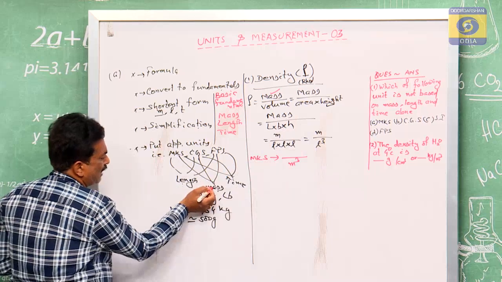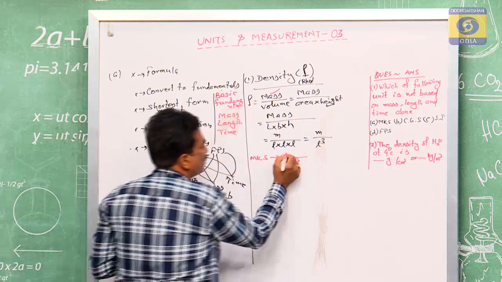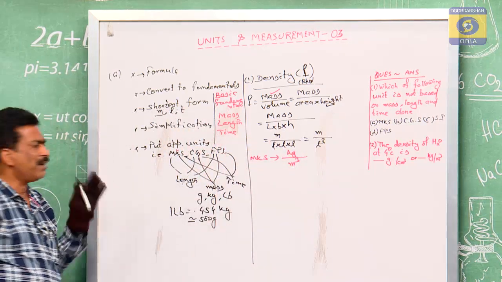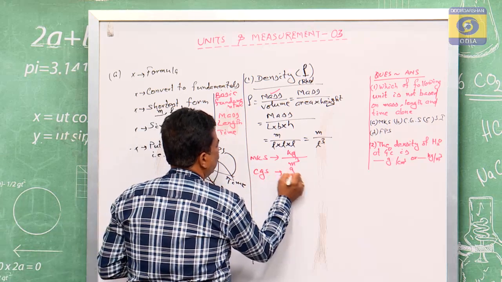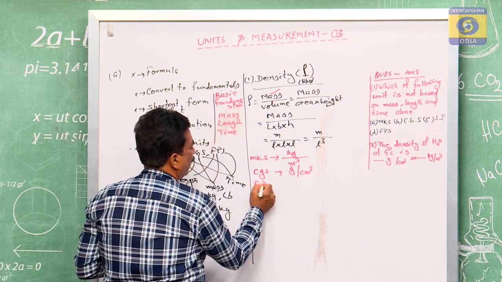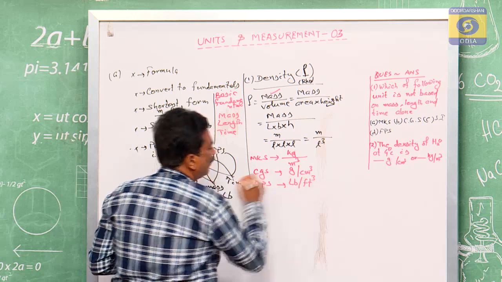The mass corresponds to K in MKS, so K means kg. So kg by meter cubed is the MKS unit. Similarly for CGS, that is gram by centimeter cubed, and for FPS, that is pound by foot cubed.